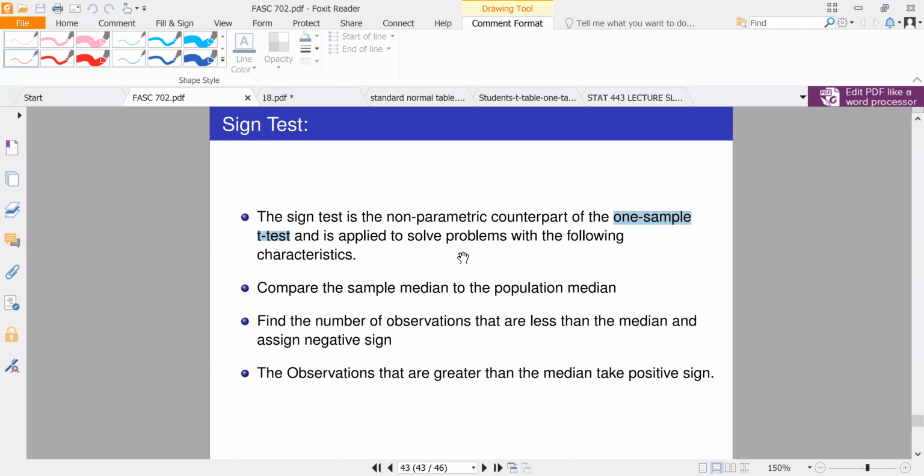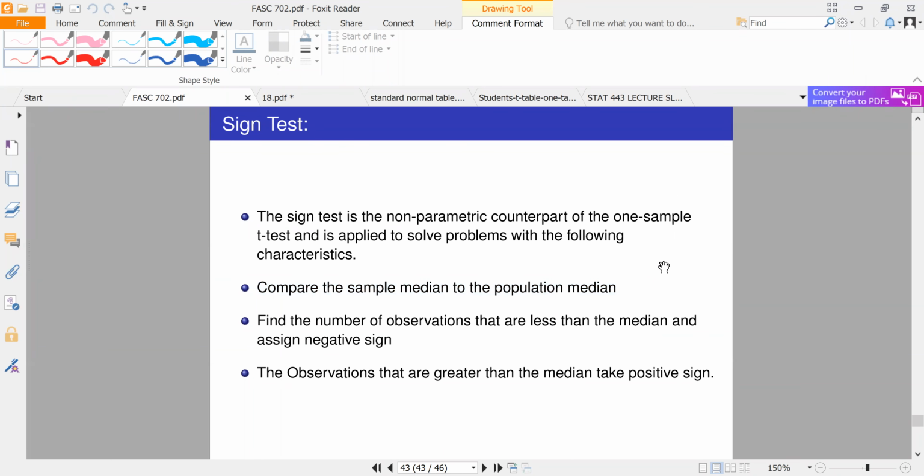Now, the non-parametric counterpart of it is the sign test, and it does not require you to get the mean or standard deviation, but you can use it to compare the middle points for the sample and population. So sample median and population median.